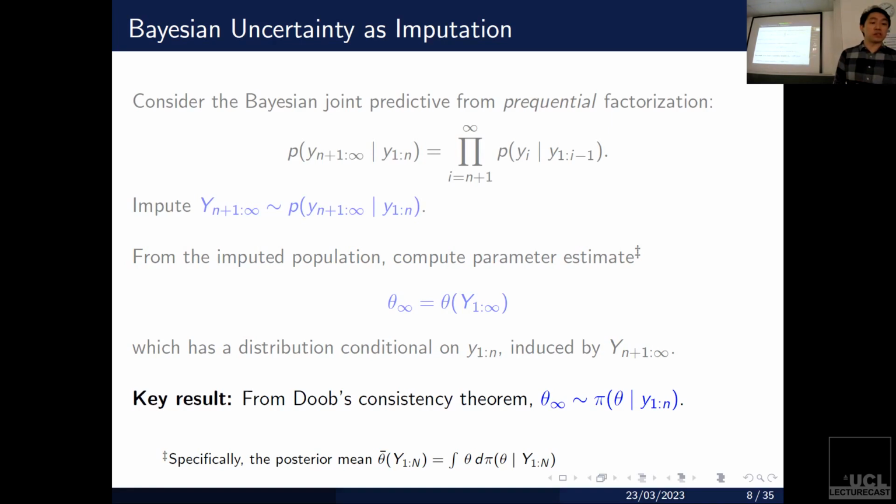It's based on Doob's consistency theorem, for those who are interested, that shows that under essentially the regular Bayesian parametric modeling, doing this kind of imputation scheme where you draw this infinite population and compute this estimate, where the estimate needs to be quite specific, is exactly the same as drawing a sample from the posterior. So this imputed bootstrap scheme is mathematically, and actually almost surely, the same as drawing a sample from the posterior.